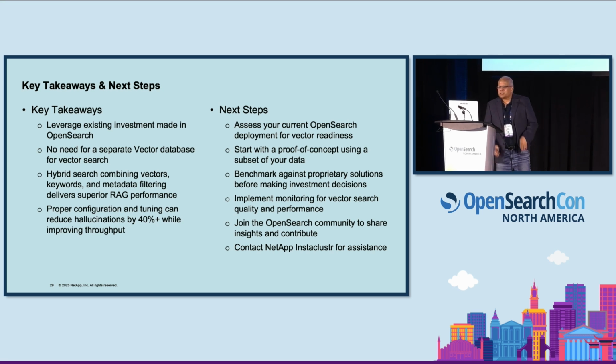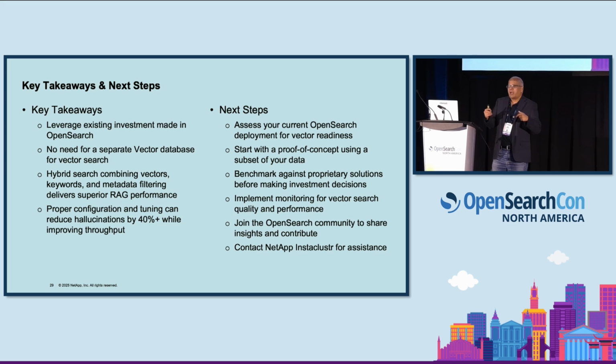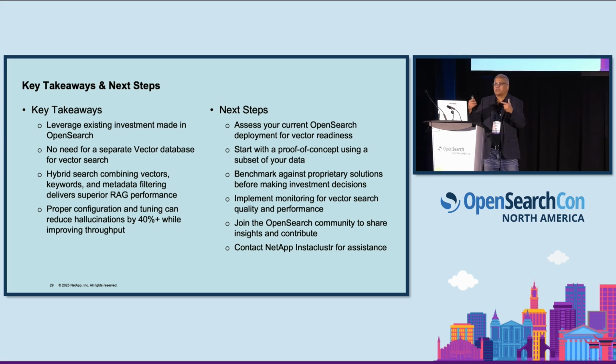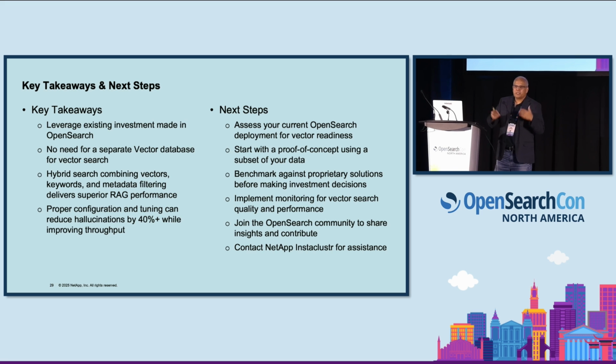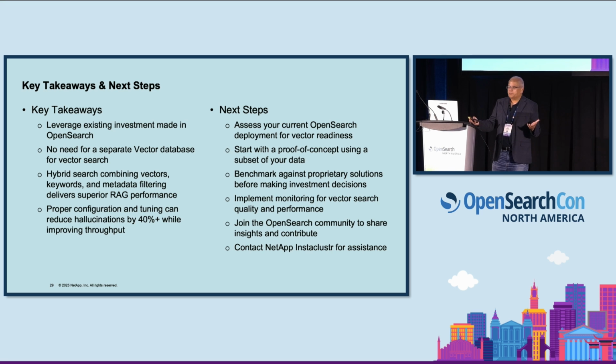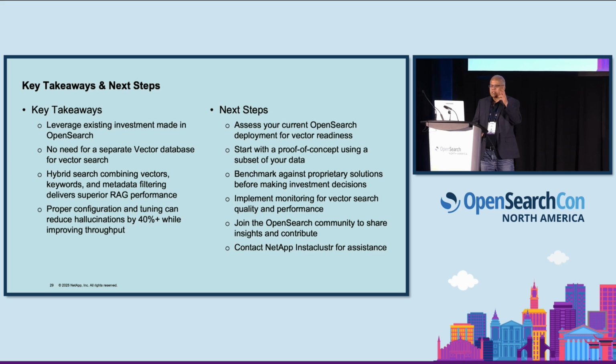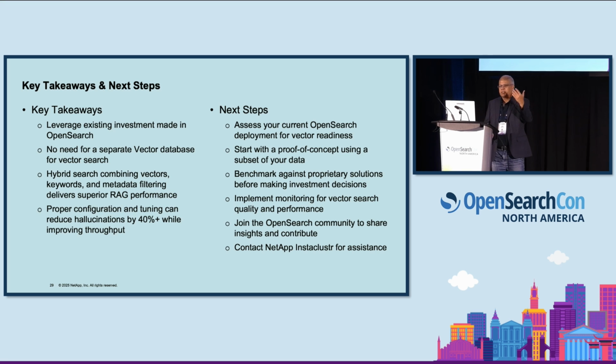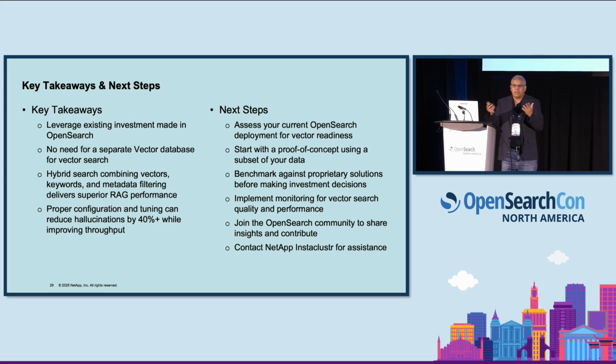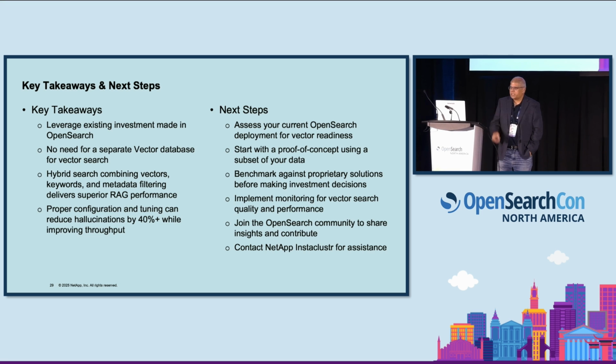Second, there is no need for investing additional money in a vector database because vector search is native to OpenSearch. Once that happens, you have a keyword search and a semantic search, so you have hybrid search, which delivers superior RAG performance. And with proper configuration and tuning, you can reduce hallucination by 40%. Obviously, that number varies depending on your use case.